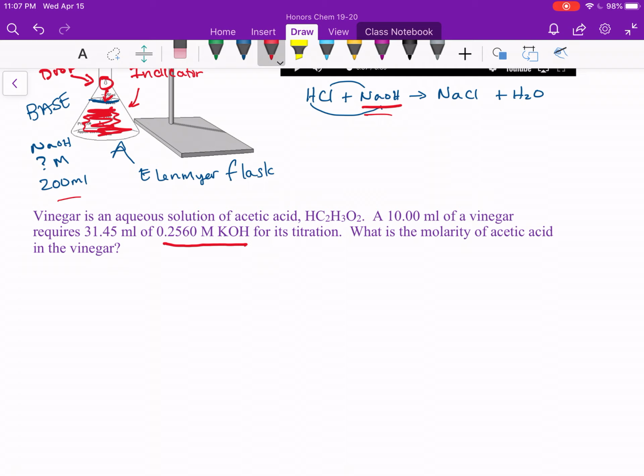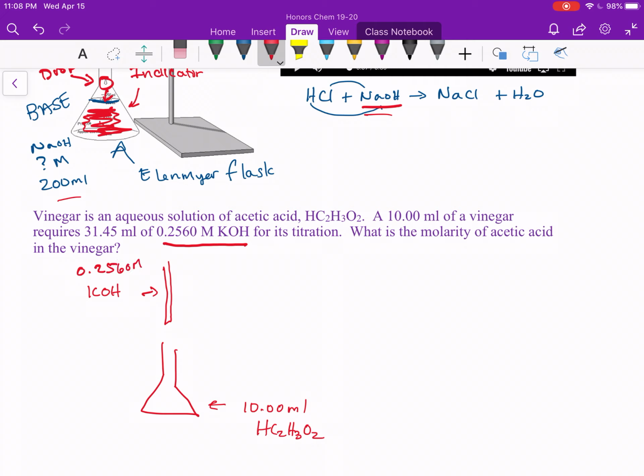Okay, so if we think about what we were just doing there, well, if I could draw, right, my burette is here. And so here I had my 10.00 milliliters of my acetic acid. Here I had my KOH, and this KOH was 0.2560 molar. And I don't know what the molarity of this is.